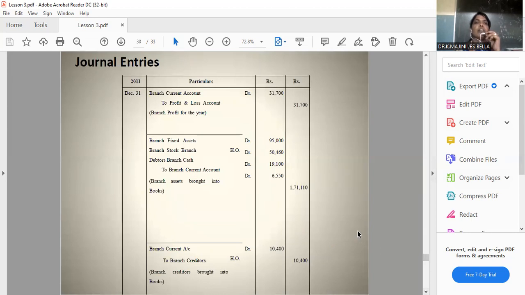So then some other journal entries. 2011, December 31st. Particulars column. Branch current account debtor to profit and loss account. How much is the amount? 31,700, being branch profit for the year.